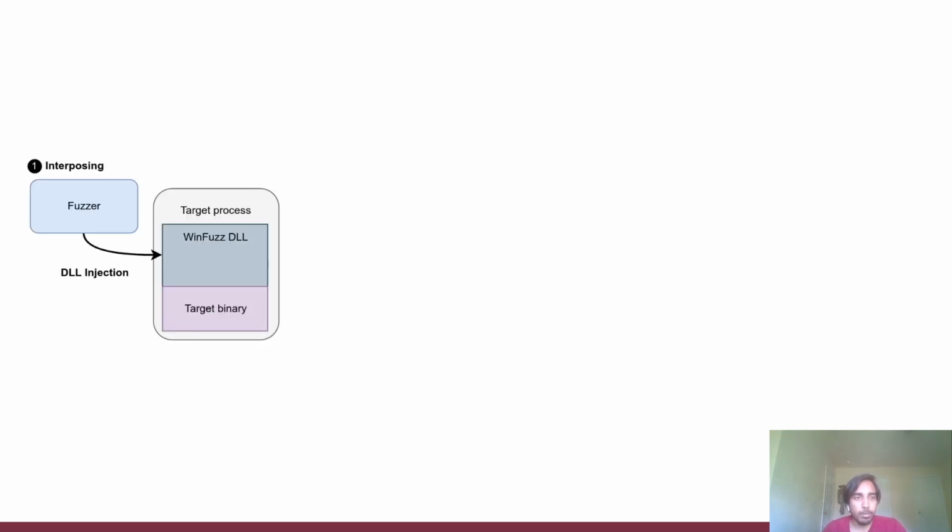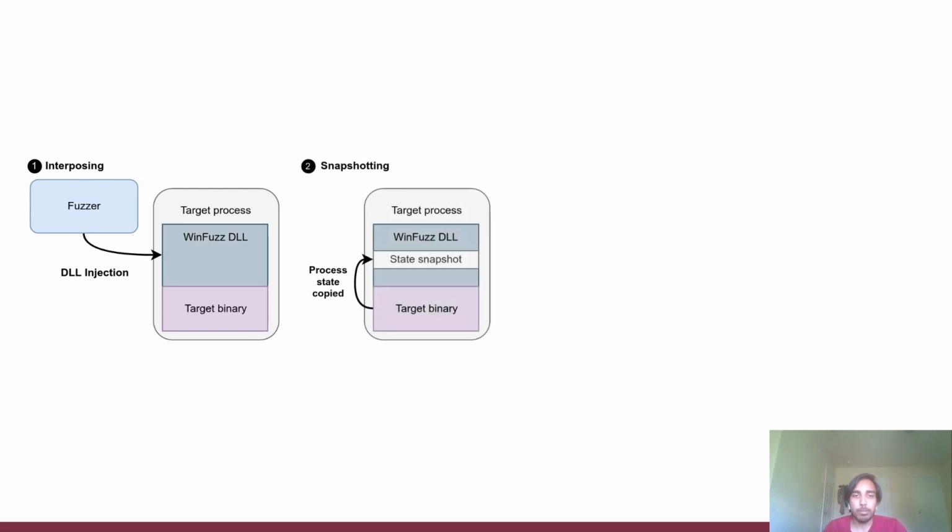So first up, interposing. What we mean by interposing is that when the fuzzer launches the target binary, it also injects our dynamic library, the WinFuzz DLL, into the target address space. This allows the WinFuzz DLL to look at all the state that a target binary has and copy it into the snapshot. Number 2, snapshotting.